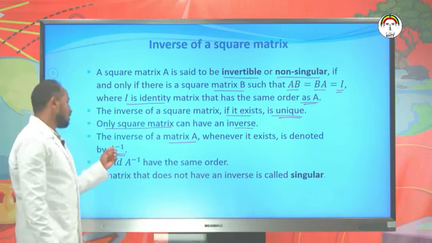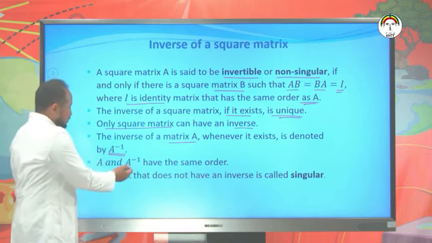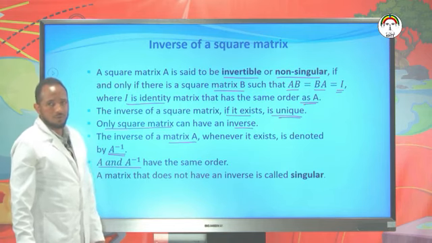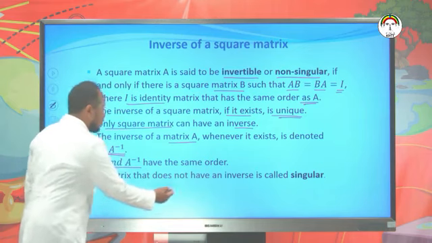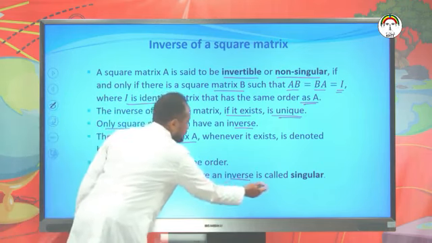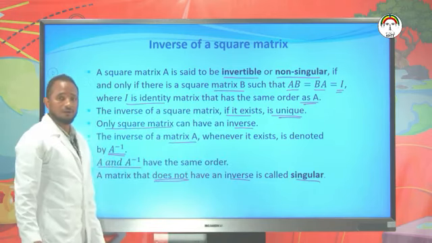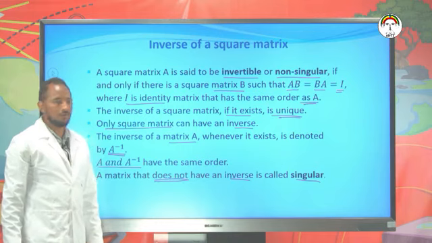We read it as A inverse. Note that A and A inverse have the same order, the same size. A matrix that does not have an inverse is called a singular matrix.